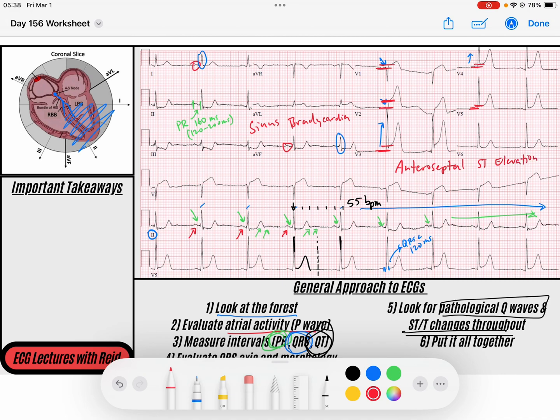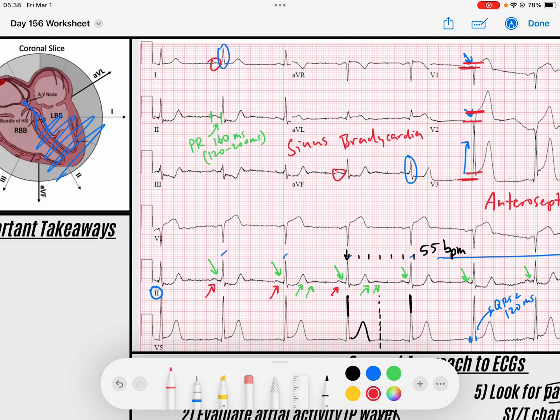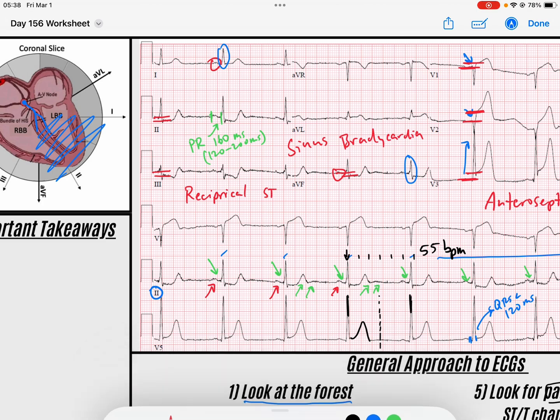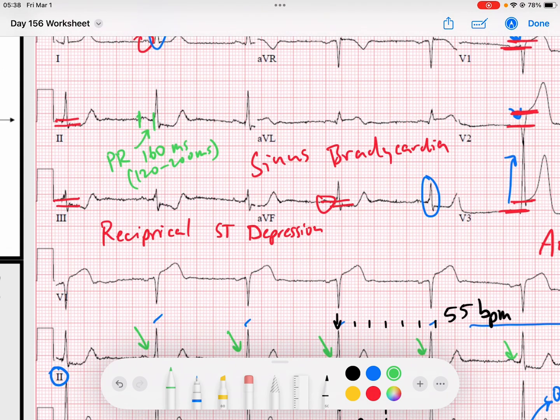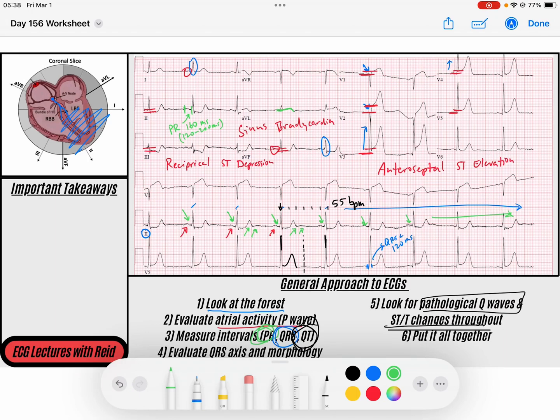Then your eyes need to go to the limb leads to see if there is any reciprocal depression. And there is. In lead 2 there's some ST depression, lead 3 there's some ST depression, and AVF there's some ST depression. So we've got reciprocal ST depression in those leads. And it seems like there may be just a hair of hyperacute T waves in AVL, but nothing really jumping out at me.